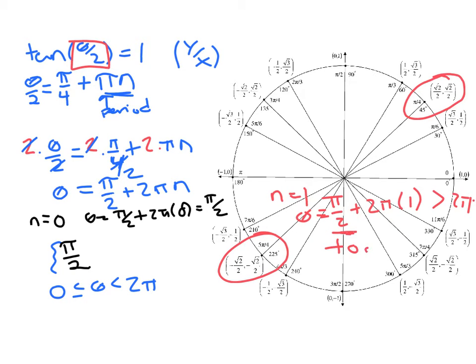So that's going to be too big. You're going to blow past 2 pi. If you do pi over 2 plus 2 pi, you're out here. 2 pi plus pi over 2 is outside of that interval. So already with n equals 1, we've gone too far, so that's the end of your solution set, just pi over 2.